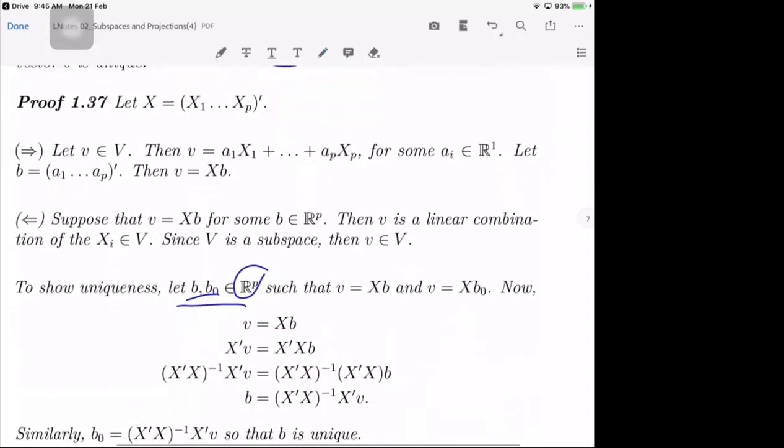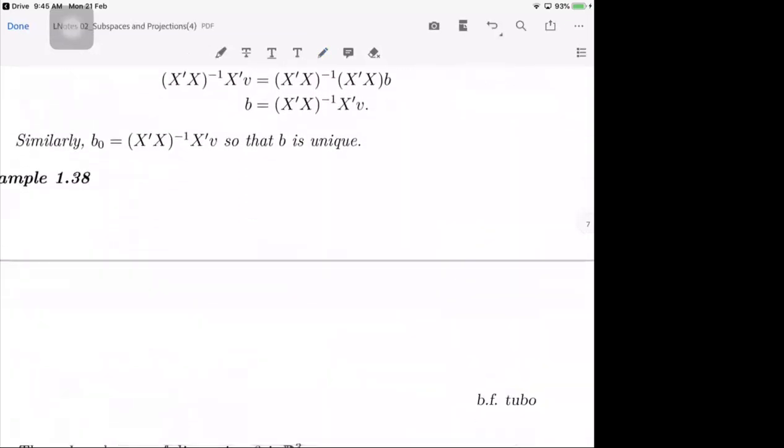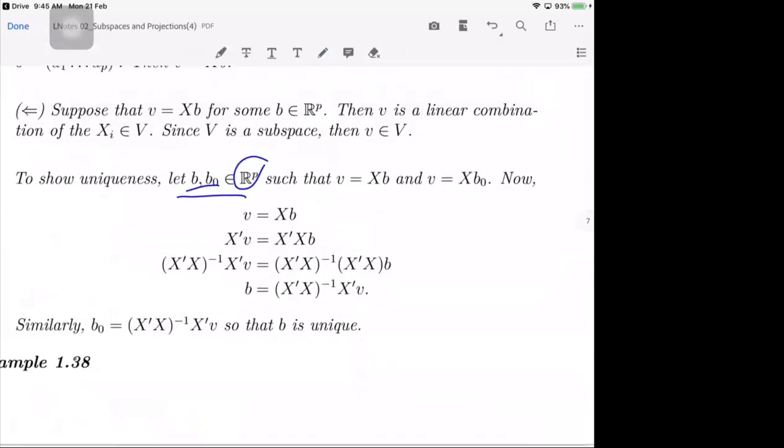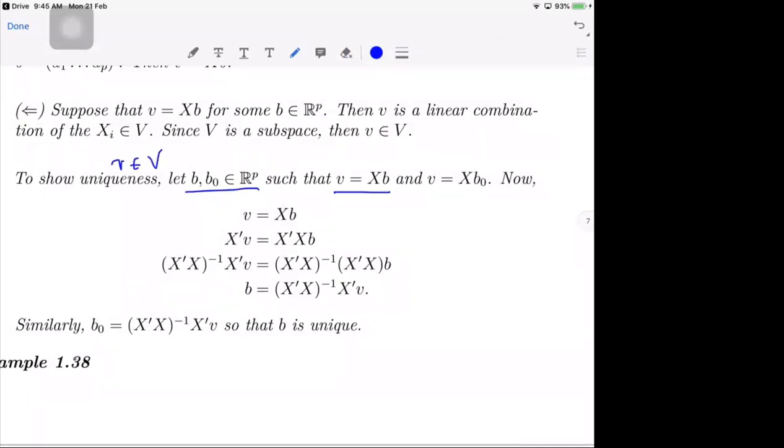So if you have two vectors in RP, you can write V because V is in V. You can write it as in this manner. So this is the same vector but two different B and B null.